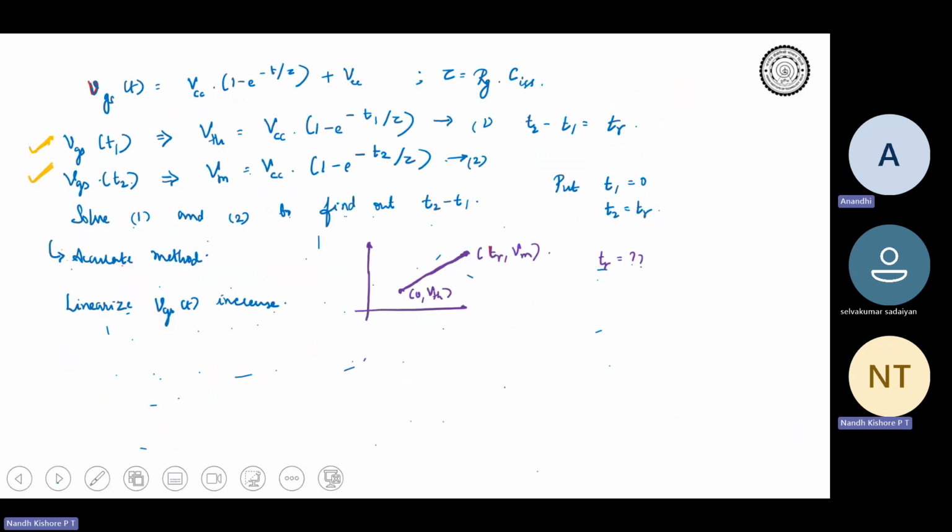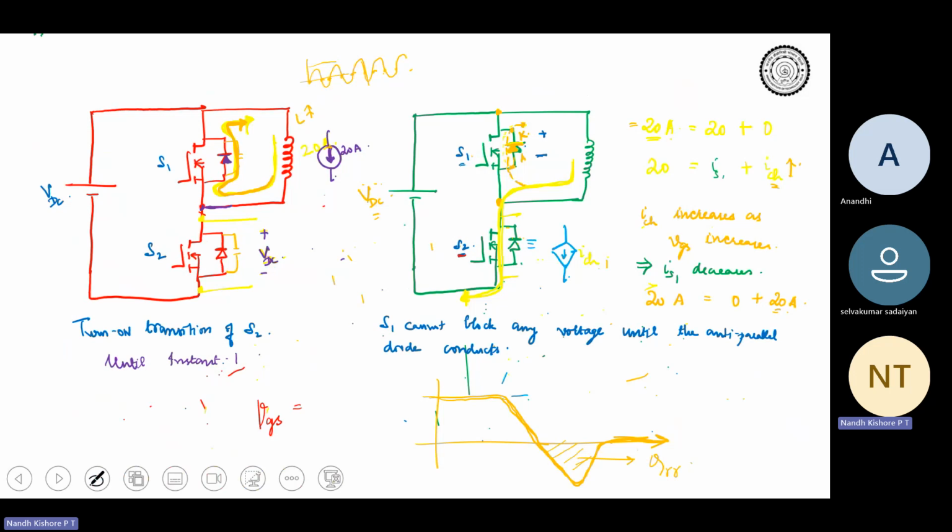Only then the device can block voltage. Or else, if the device gets any voltage across it, the diode cannot conduct. That is why the voltage remains VDC across S2 as long as this particular diode is conducting.